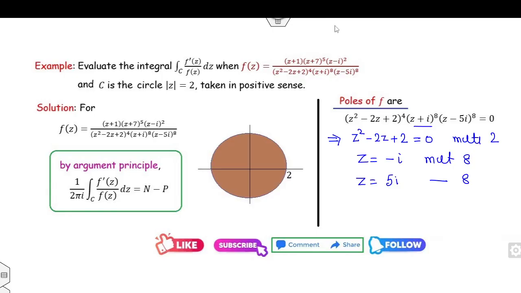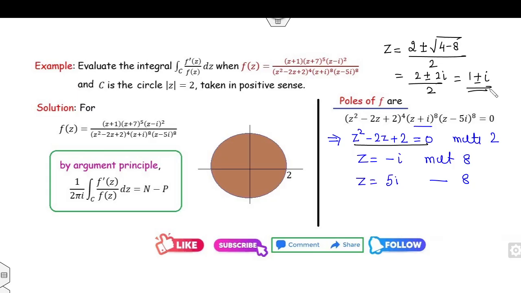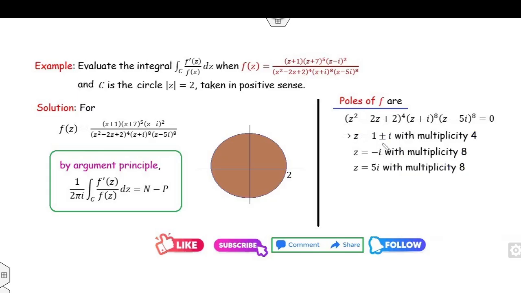Can you find the roots of these equations? I can find the root: minus b plus minus square root of b square minus 4ac, divided by 2a. So that will be 2 plus minus 2 iota over 2, which means 1 plus minus iota. So I can say that z is 1 plus minus iota with multiplicity 4 and so on.